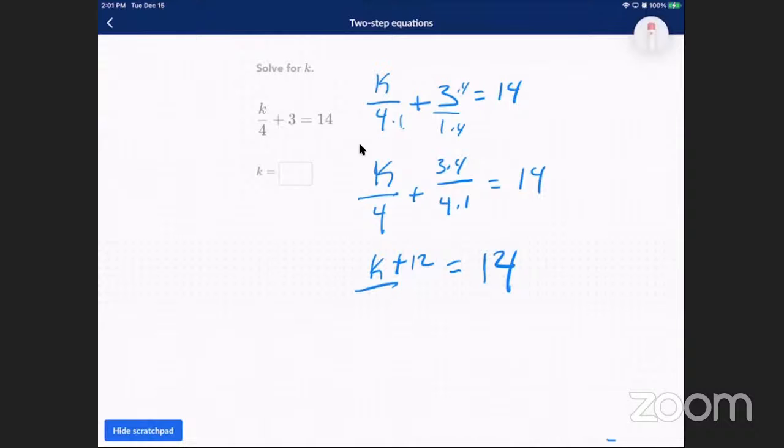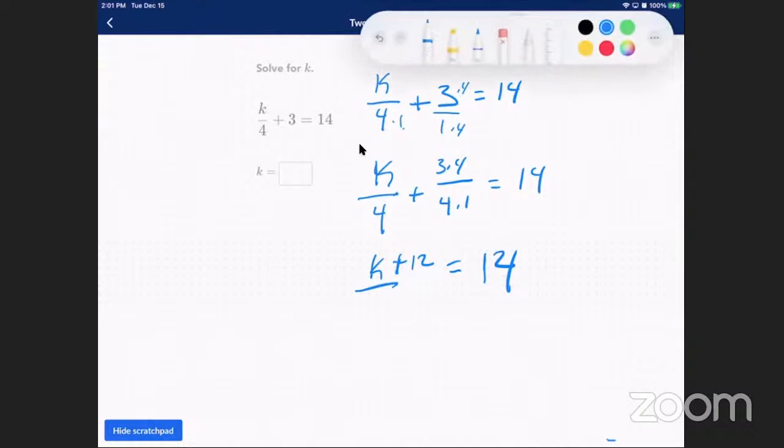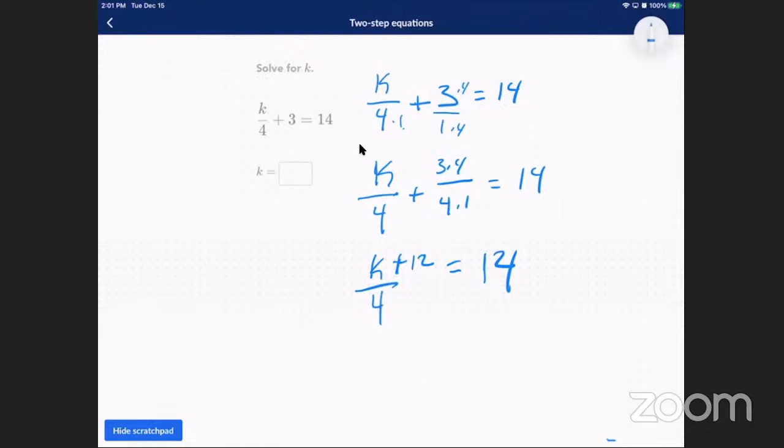Because I'm looking at it now, we can solve for k by putting 12 on this side, 12 on that side. This will leave us 2, because 14 minus 12 is 2. Then we cancel that one out, and we just end up with k over 4.